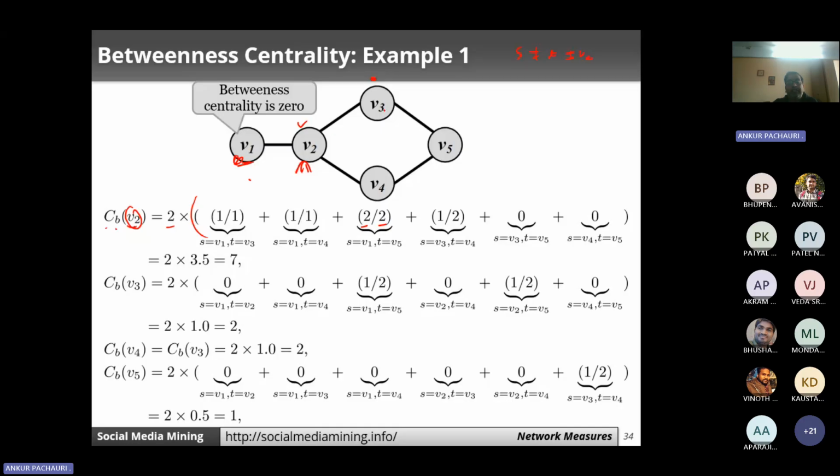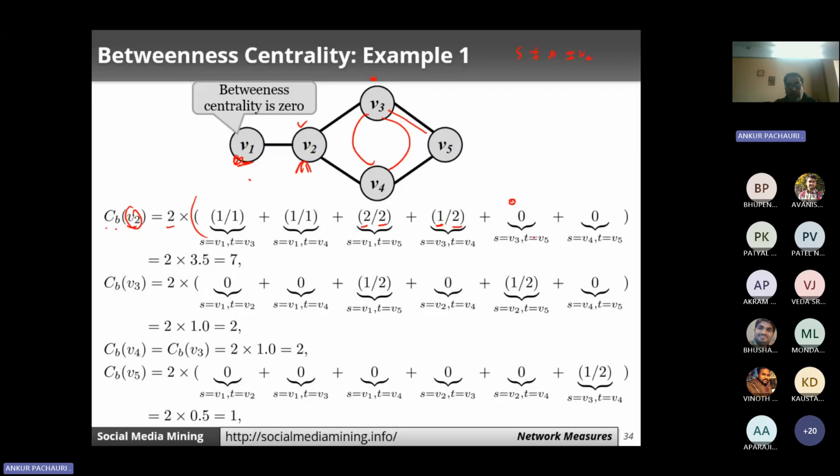So V1 is done. If I'm now working on V3, V3 to V4: how many shortest paths are there? 2, and one of them passes through V2. So that is why it is 1 by 2. Fine. V3 to V5: how many shortest paths are there? 1. And among them, how many pass through V2? 0.